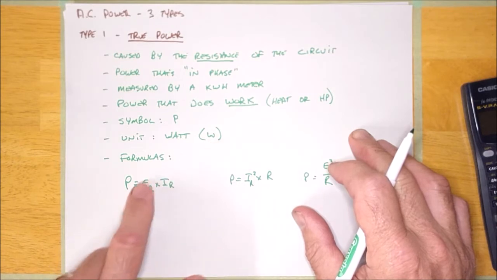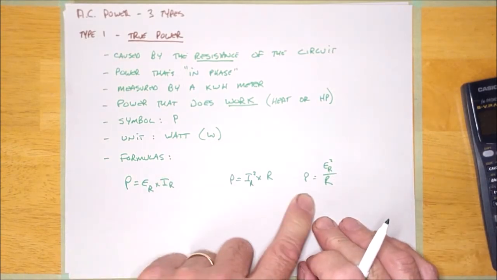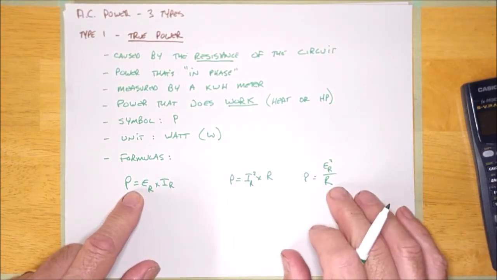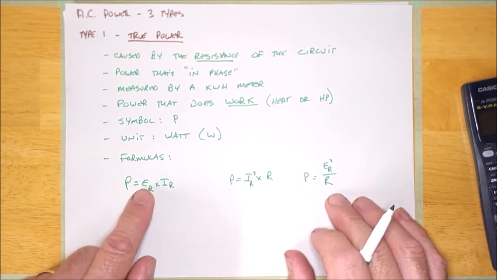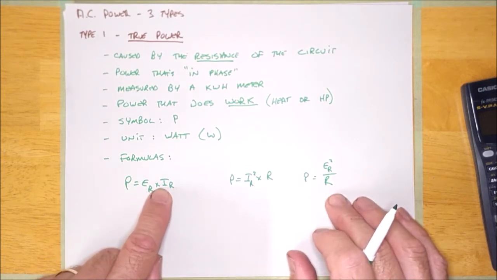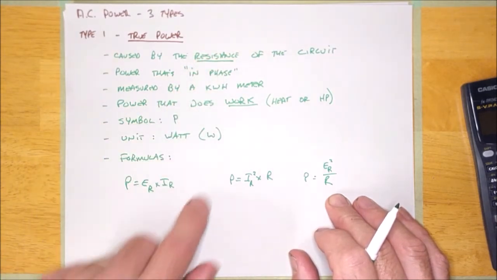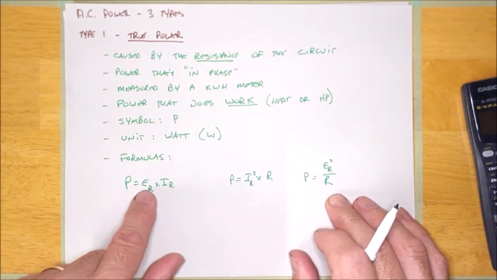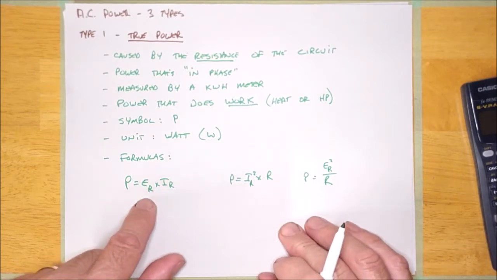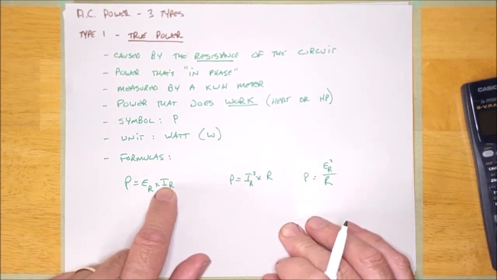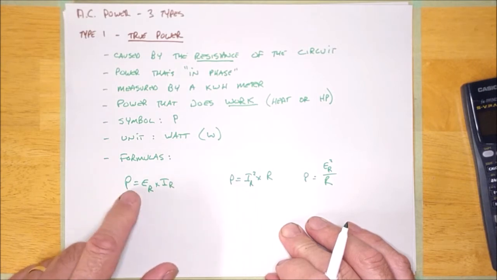The formulas are basically the same: the voltage of the resistor times the current through the resistor. Since true power is caused by the resistance of the circuit, the voltage dropping across any resistor times the current through that resistor will calculate the power.